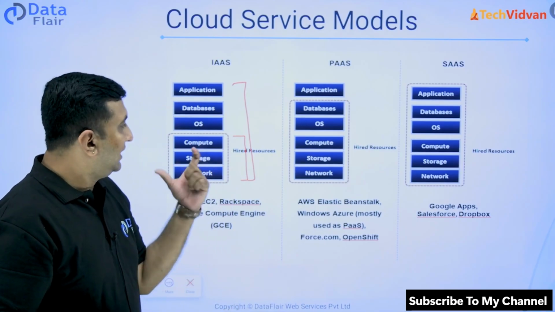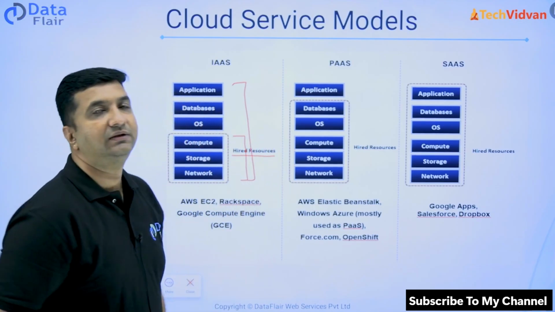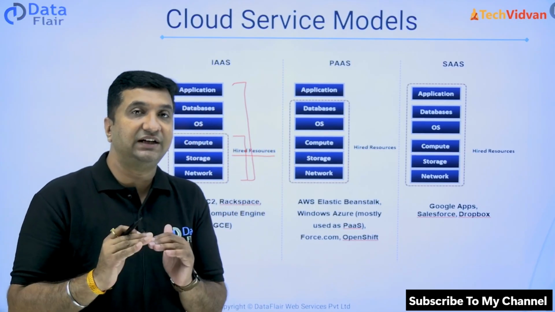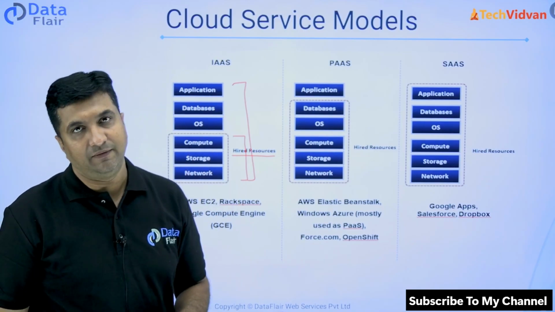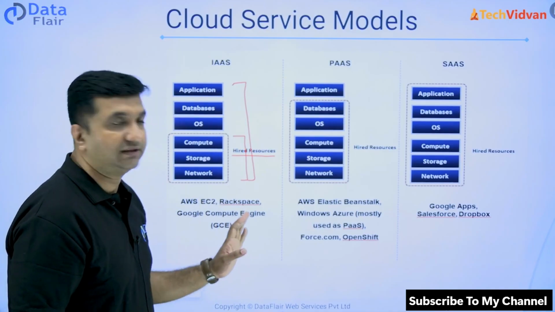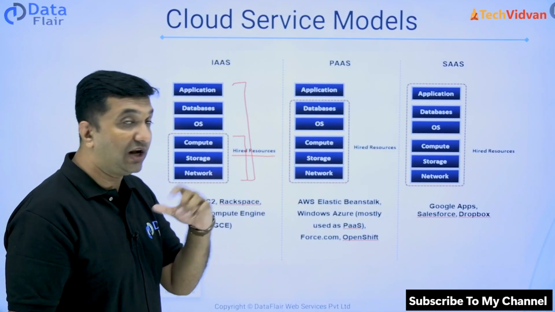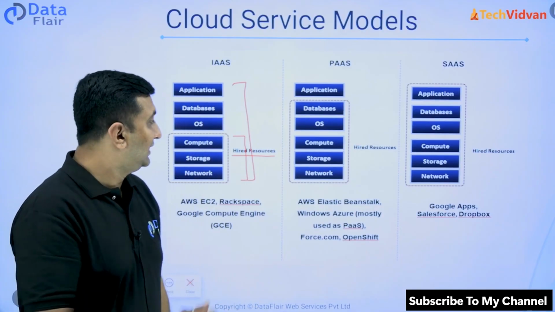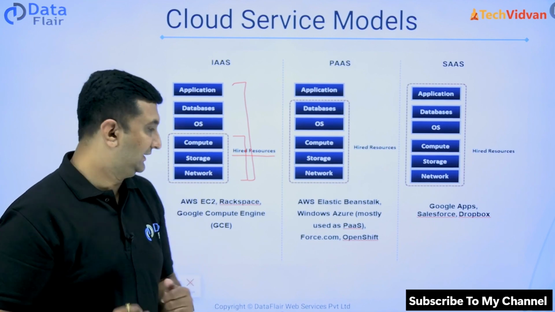In that case, I'm hiring, you can see the hired resources, the basic infrastructure from the cloud, and I am good with that. This kind of service is known as infrastructure as a service, because you can connect the dots: I'm hiring the infrastructure only. I hope you're getting this idea.